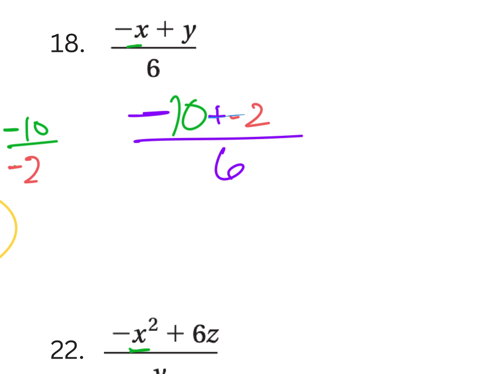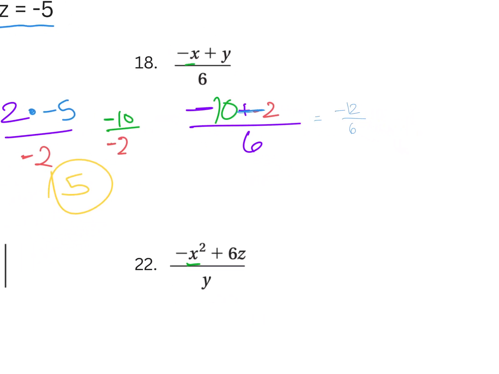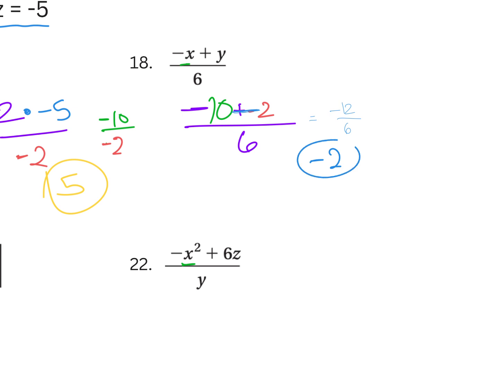This is adding a negative, so that's like subtracting. If I'm going to give you 2 insults, you are going to overall feel negative, right? So -10 minus 2 is -12. And then we can divide that by 6 to get -2.